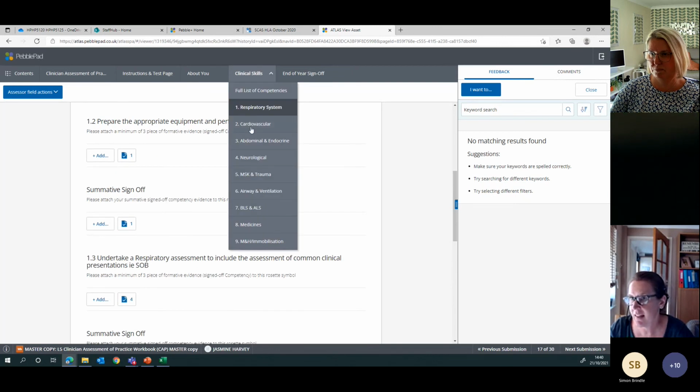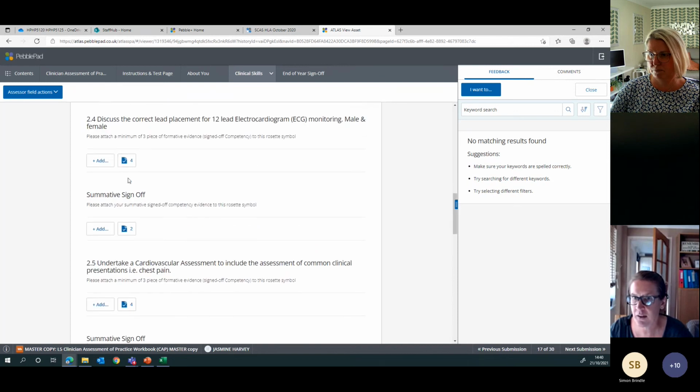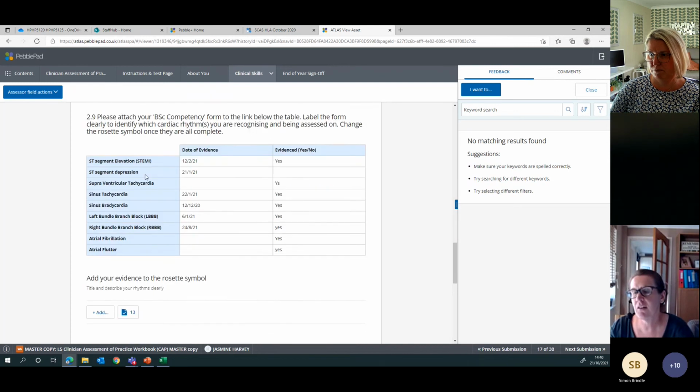Another example of this is in this tab here. If we go down to the ECGs here, basically the students have to go through and recognise different ECG rhythms, and then there's an add section here, and they would add the evidence to it.